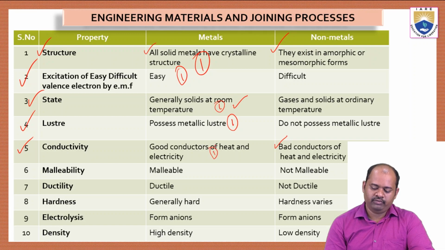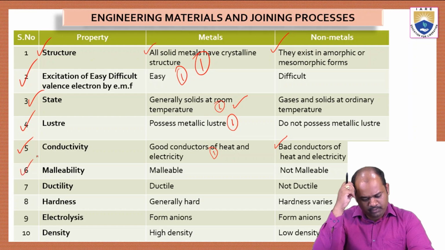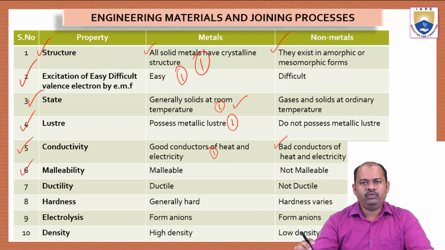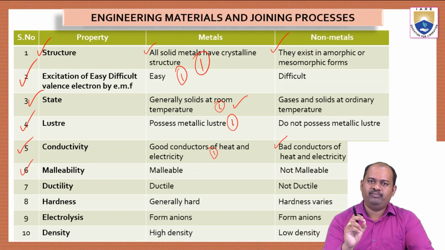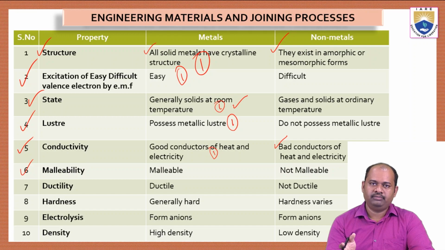So here is another point for metals. The next property is malleability. Most of the metals are malleable. They have the property of being converted into thin wires or thin sheets, whereas non-metals do not have this property.